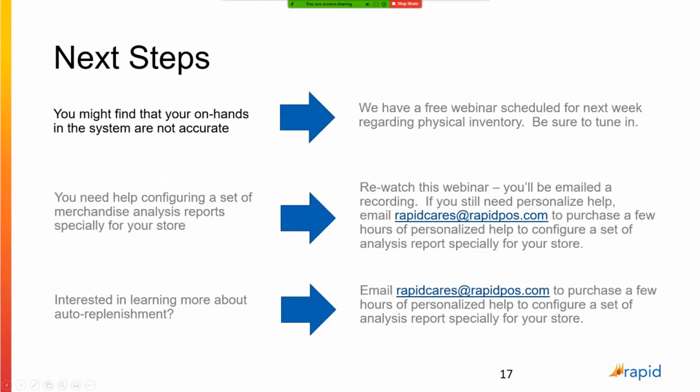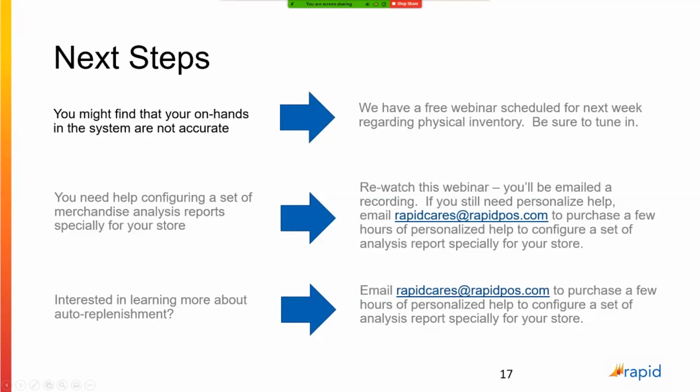If you need help configuring anything you saw today, the merchandise analysis reports, like I said, that is a powerful report. You can filter it 80 different ways. There is a lot of content to that. If you would like additional assistance, email in to rapidcares@rapidpos. We can set up a dedicated one-on-one training block with you to build those reports, saving those parameters so that it's a one-click run for you.